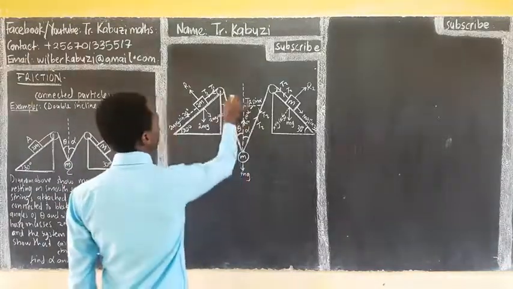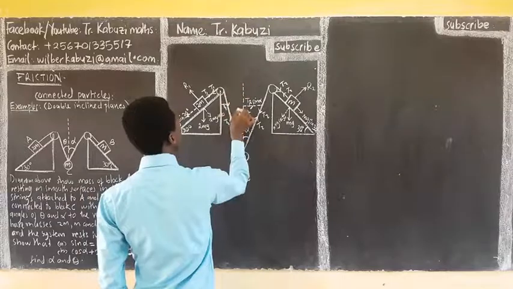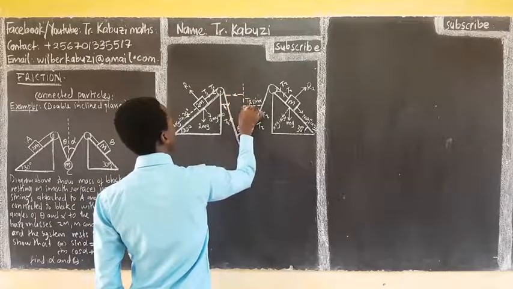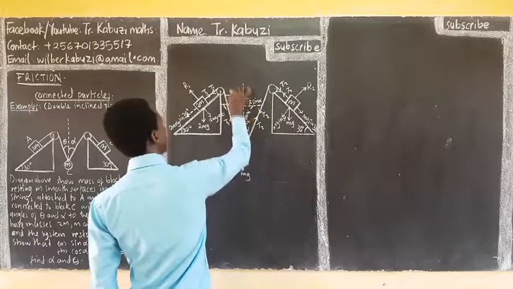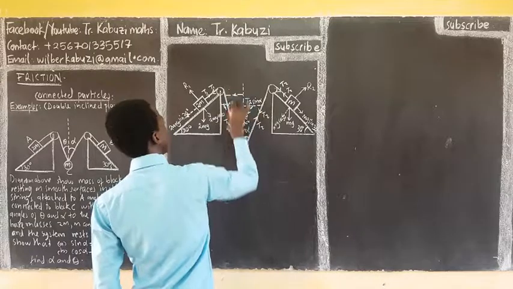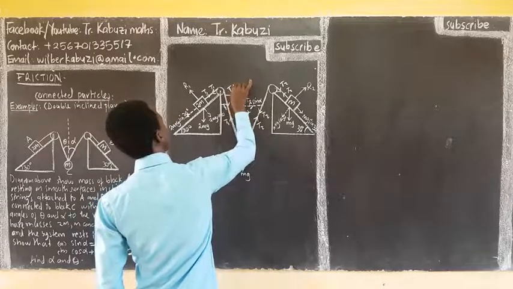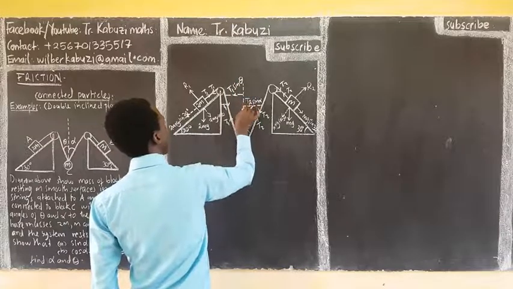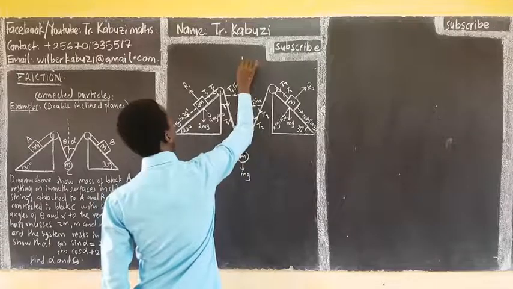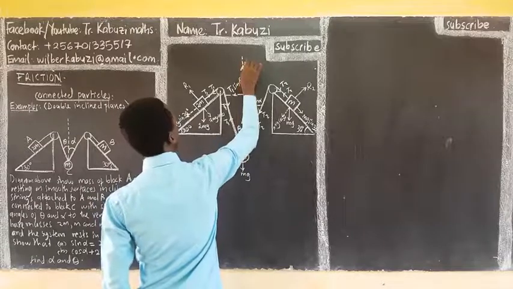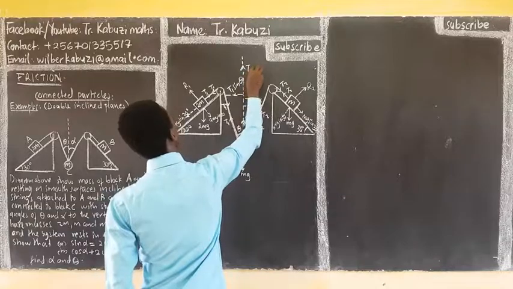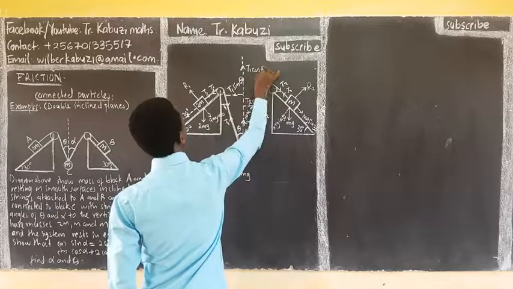Then this one, if I resolve it like this, in that direction, this will be its opposite, so it's going to be T1 sine theta, and then this one upwards is going to be the adjacent, T1 cos theta.